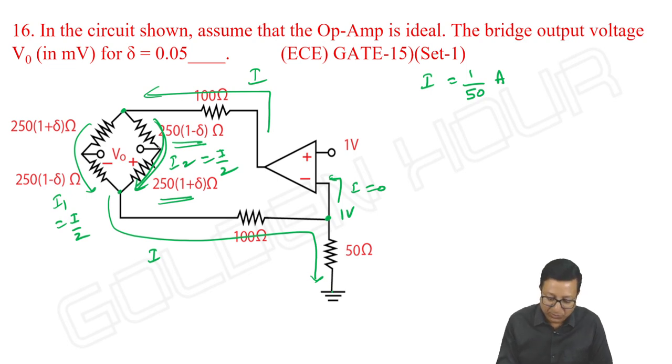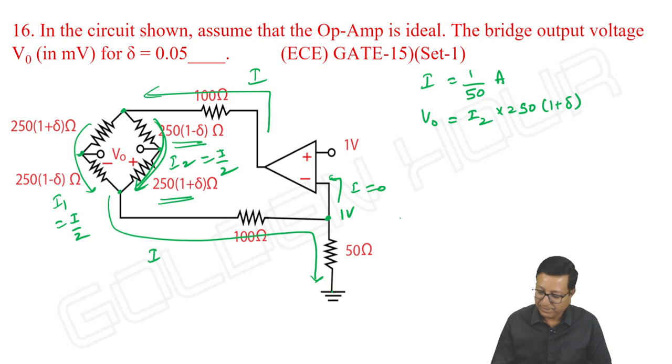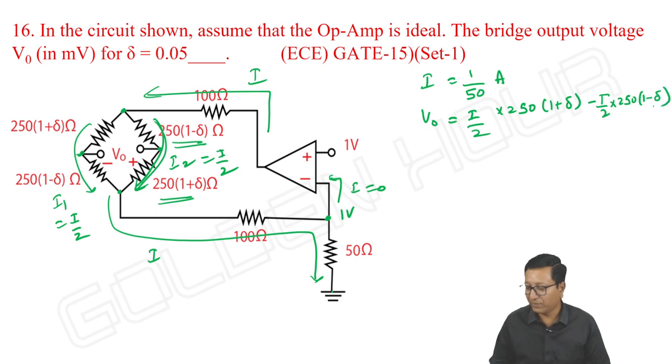Then what is V output? V output is the voltage between these two terminals, I2 into 250 into 1 plus delta minus I1 into 250 into 1 minus delta. Since I1 and I2 are both I by 2, I write I by 2 into 250 into 1 plus delta minus I by 2 into 250 into 1 minus delta.